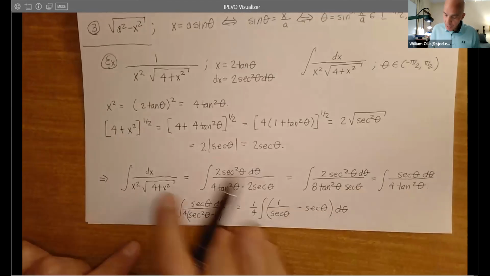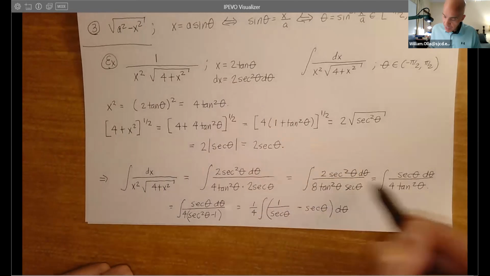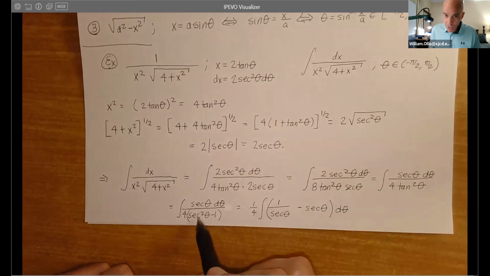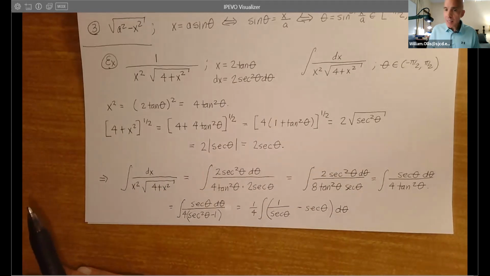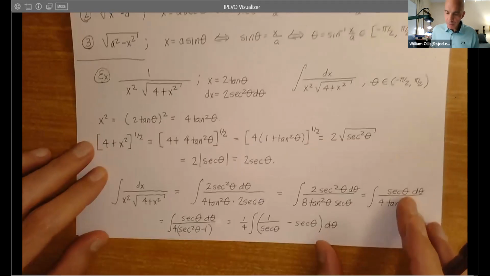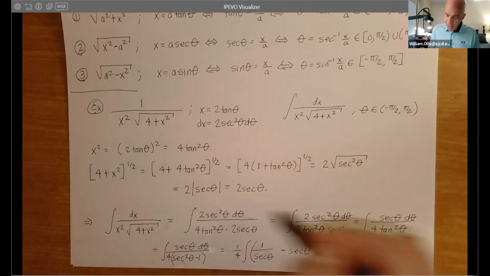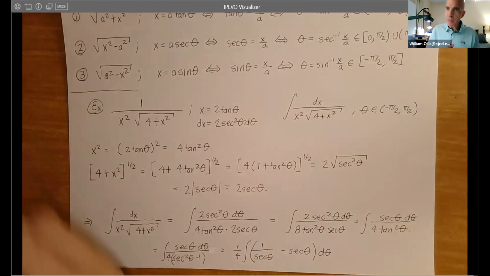So all of this stuff right here, except for that, all you do is just fill this in and do the algebra. When you get to the tangent squared, you use the Pythagorean identity, and these are 2 integrals that you can easily do. So basically, the trig substitution, you know how to do right now. You just basically use that to make this so simple that you can knock a home run, so to speak.